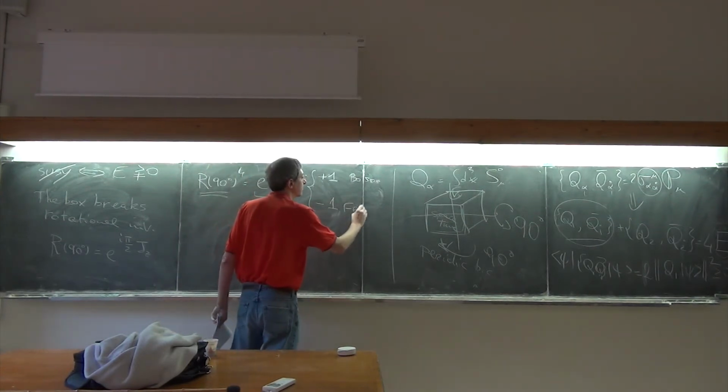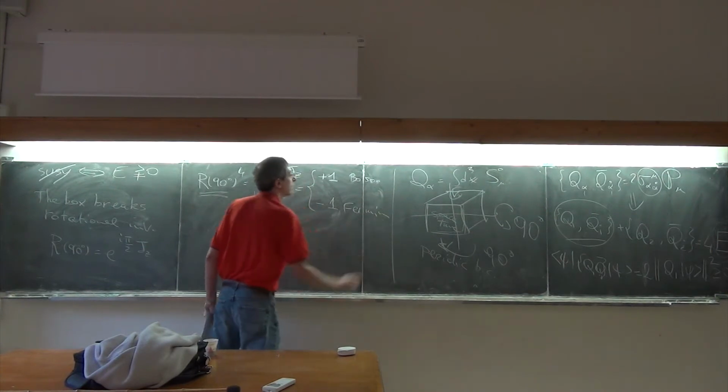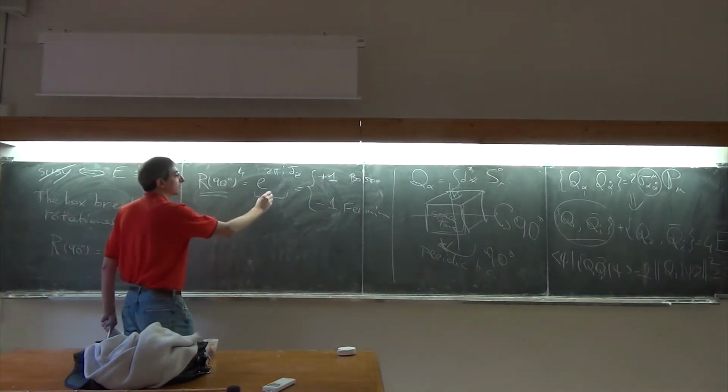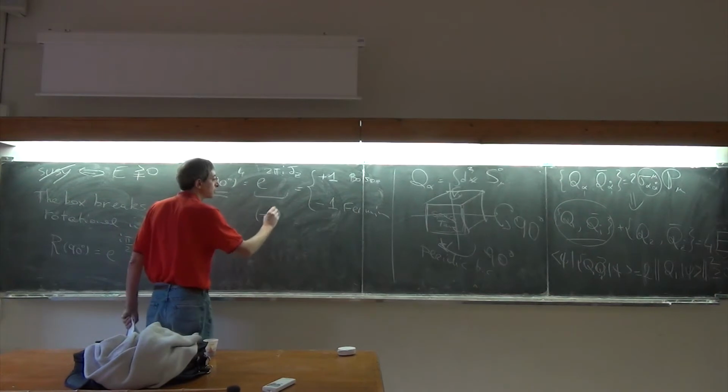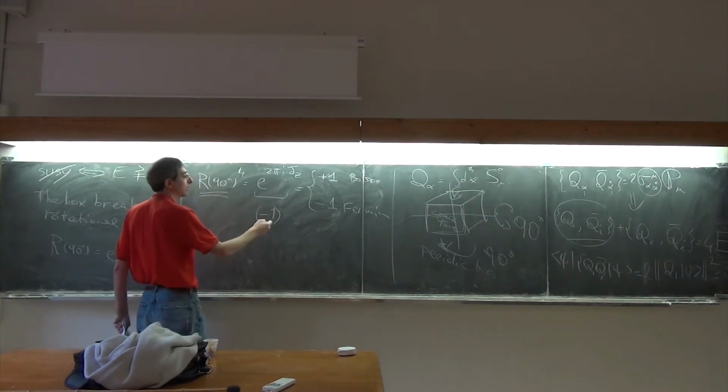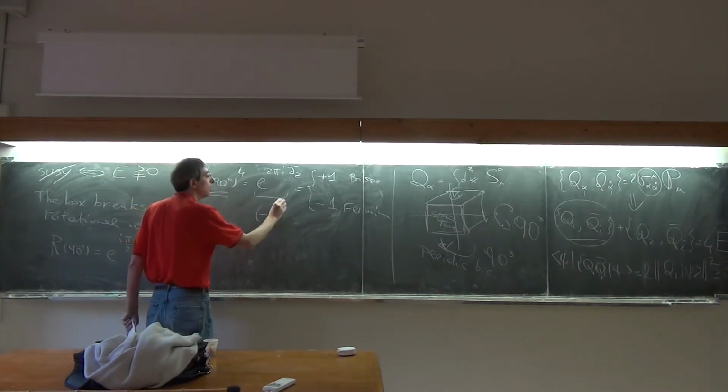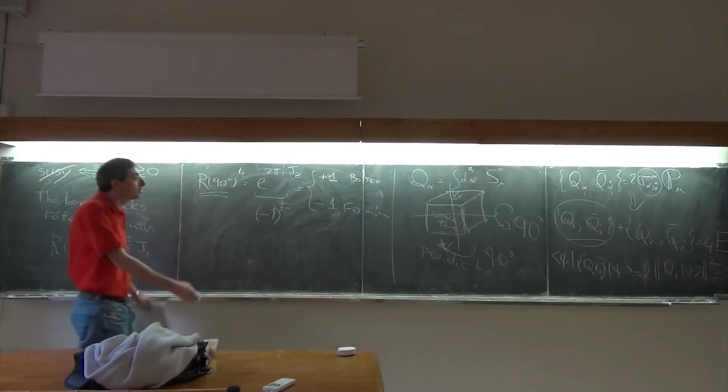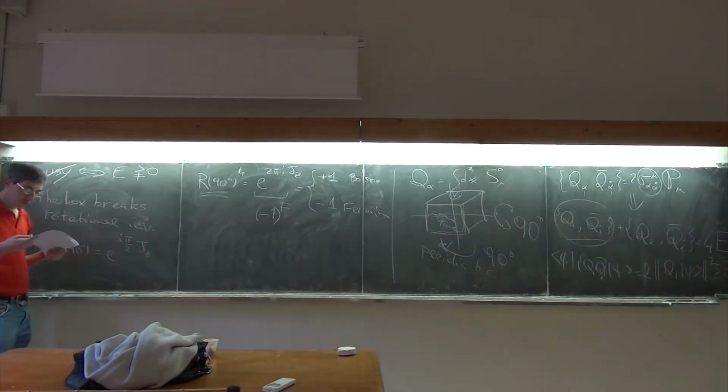And if it's -1, it's a fermion. So this object here can also be called (-1)^F. Most of the time I forget to write the 1. This is how you define the fermion number in a box.